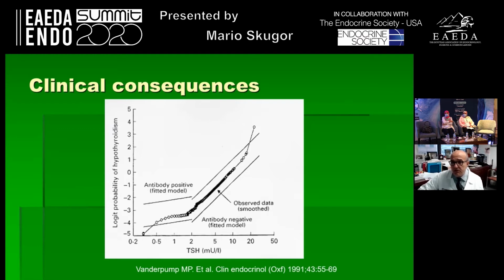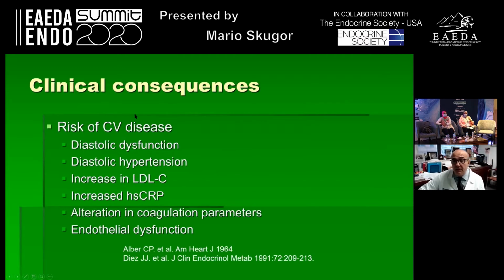So this suggests that there would be justification to pull the upper edge of the reference range of TSH to lower than 5.5. Now, one of the risks is developing full-blown hypothyroidism.